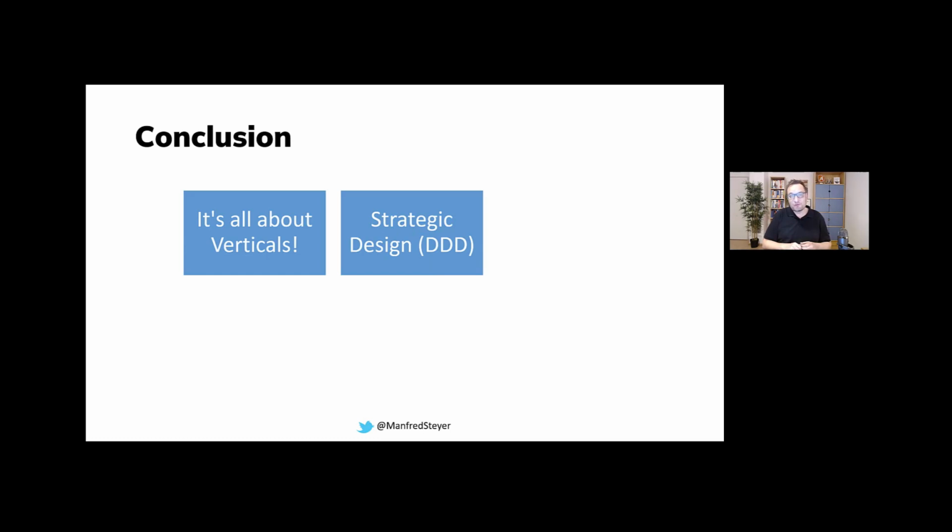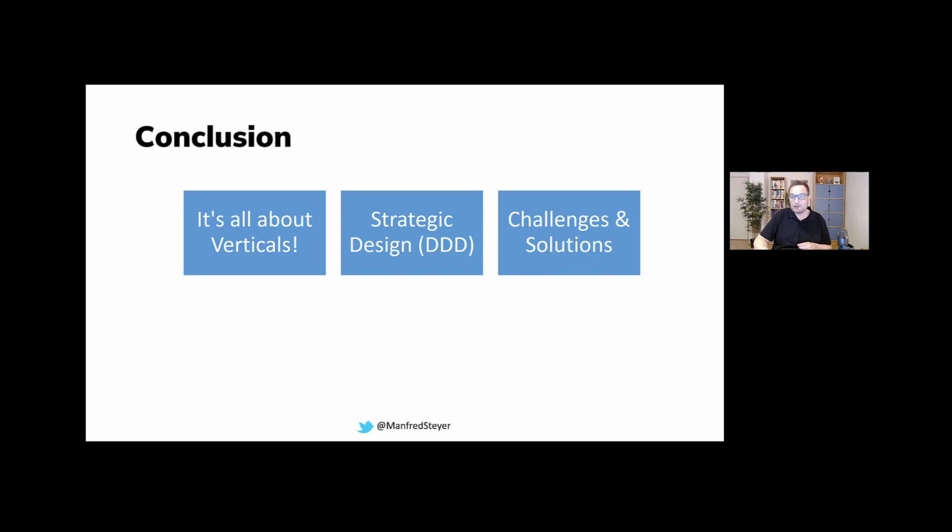This also means we need to apply ideas from strategic design and perhaps even ideas from event storming. Remember the picture I've shown you before, because we need some proven strategies to identify those verticals.